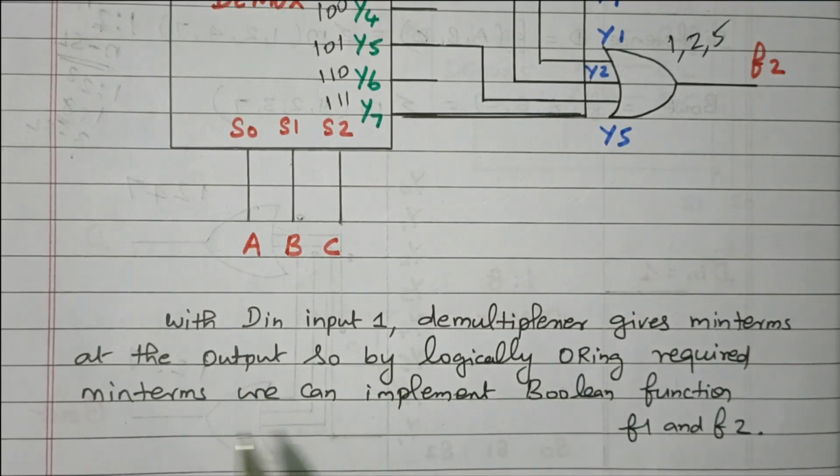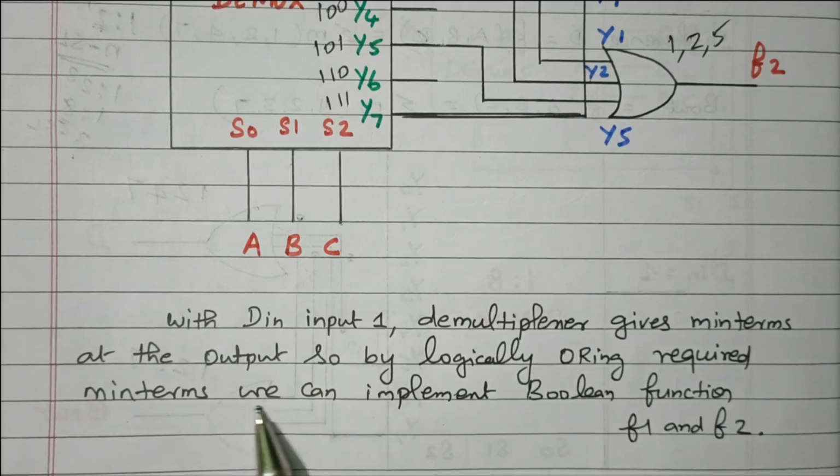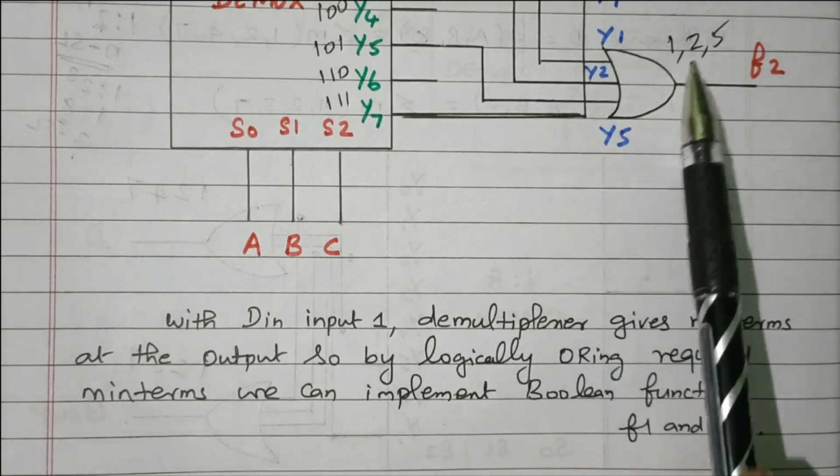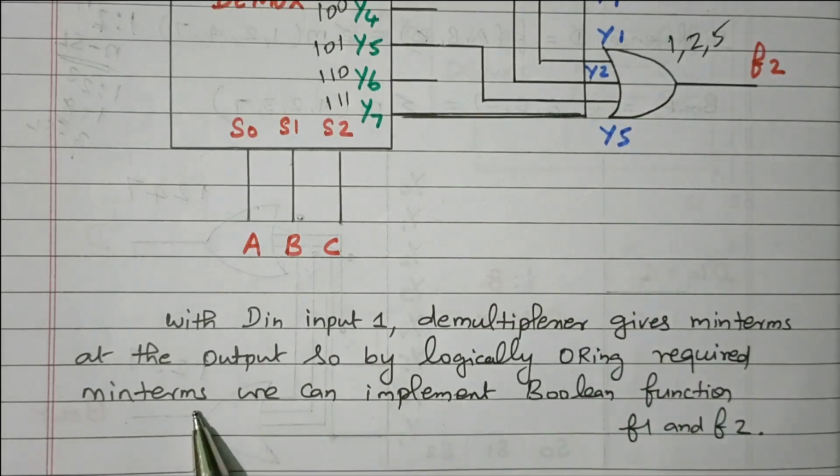By using an OR gate, the required minterms can be implemented. The required minterms for function 1 are 0, 3, 7. For function 2 we need 1, 2, 5. Once the required minterms are implemented, we can get the Boolean functions f1 and f2. So here we discussed how to implement the demultiplexer for a given Boolean function.